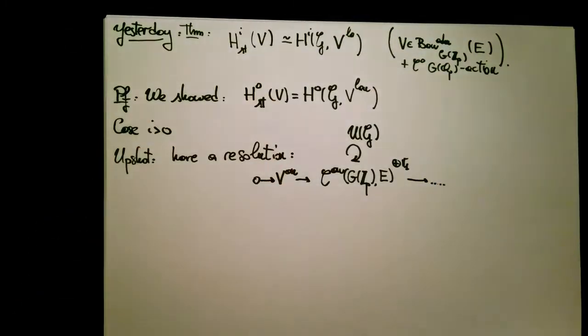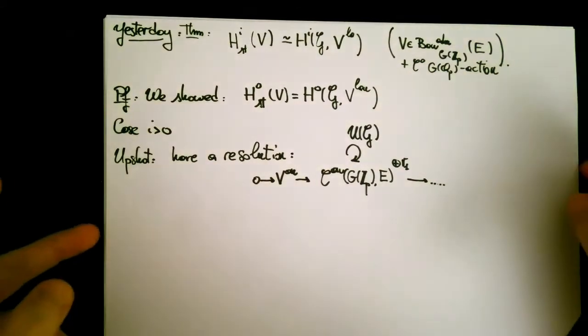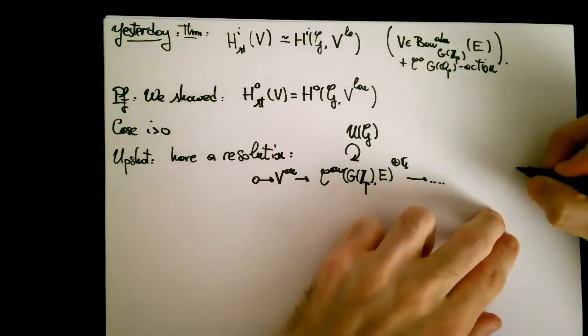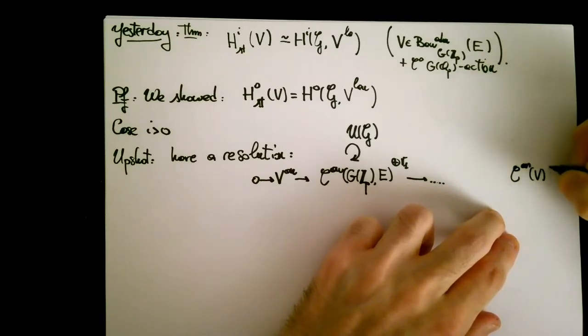All right, so let's say this is our complex, which I called C analytic V naught.